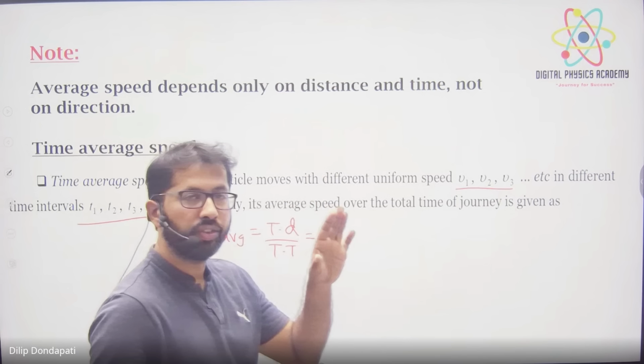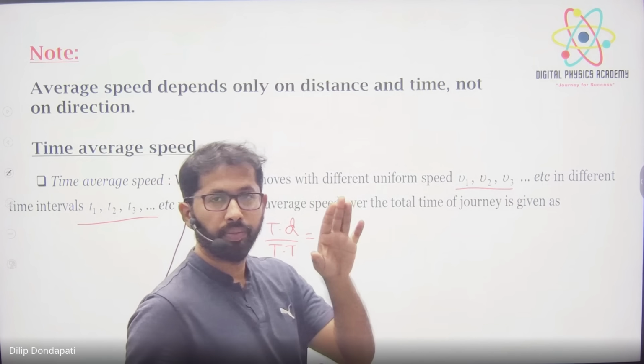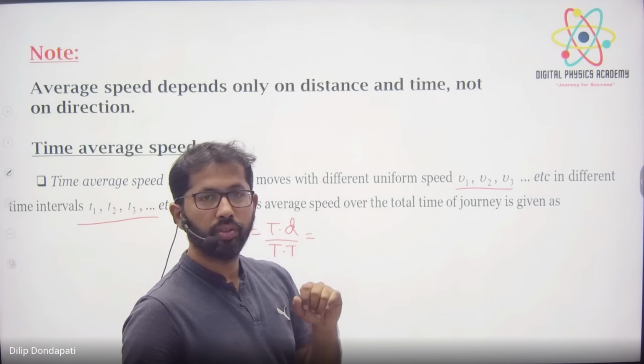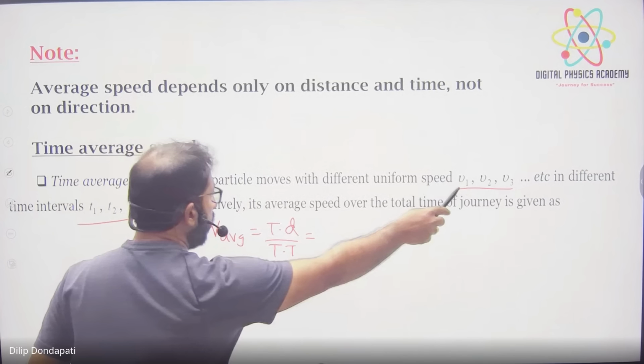Formula is: speed is equal to distance by time. So distance is equal to speed into time. Speeds are given, times are given.